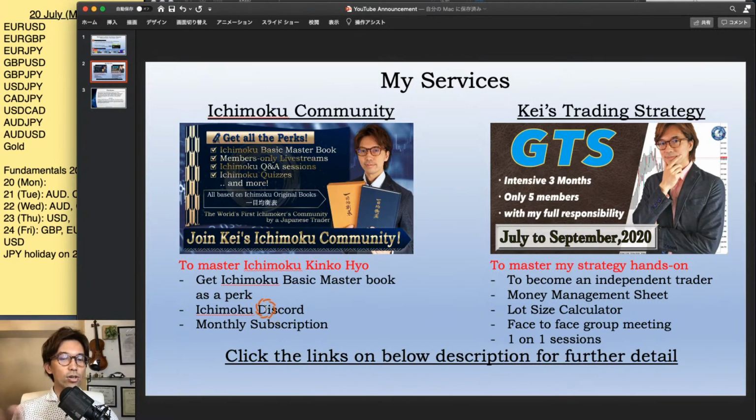But usually it's around $28 to $30 per month, and this is the Ichimoku community that I run. I wrote the Ichimoku Basic Master Book as one of the perks to join. You also get the Ichimoku Discord and other Ichimoku membership lives, and more is coming. But this one is given based on the original book's information and knowledge.